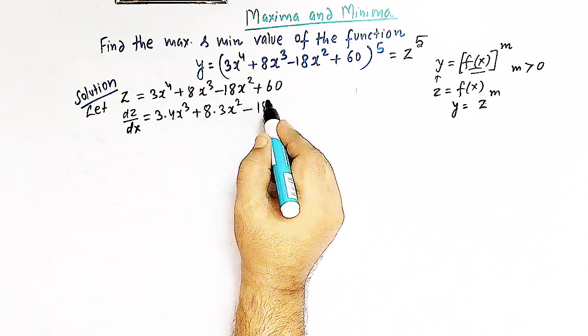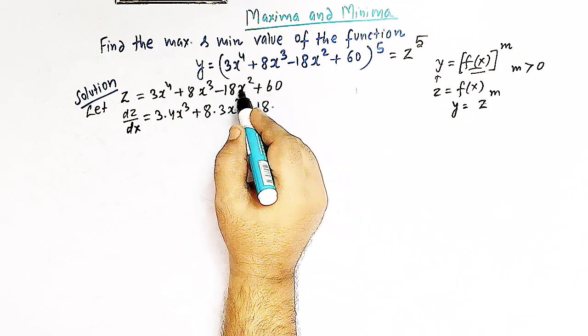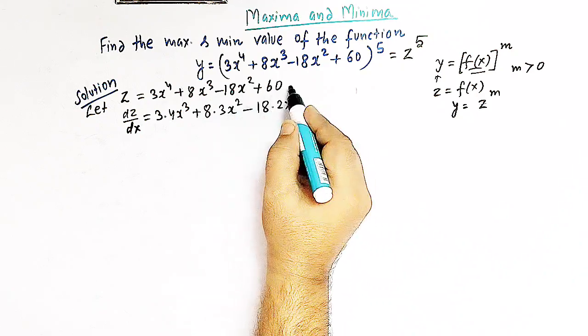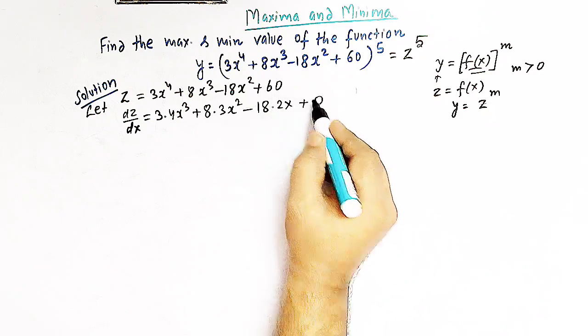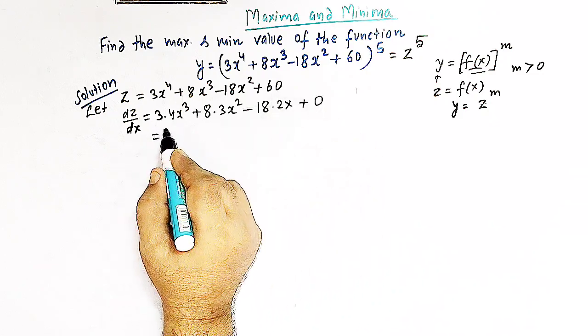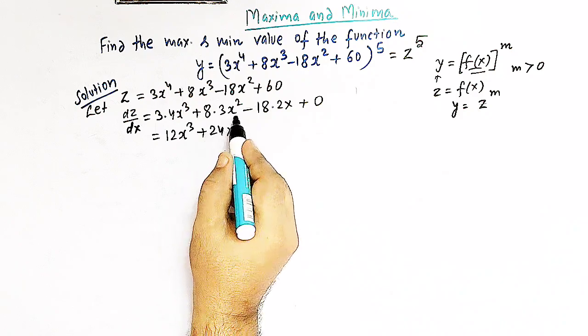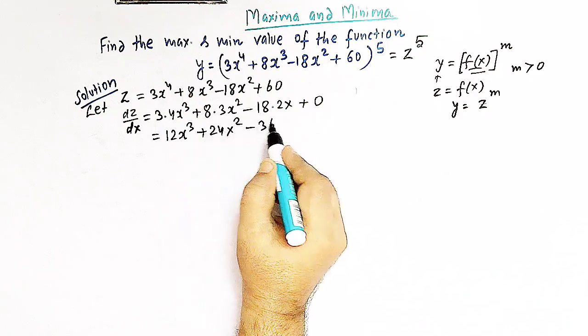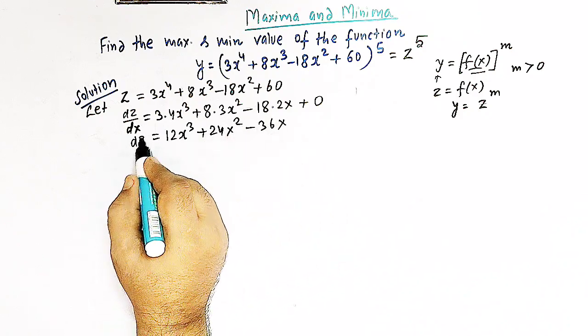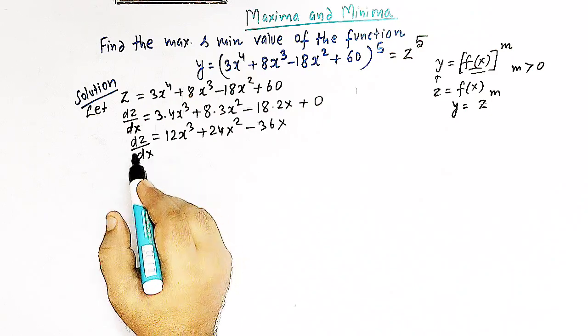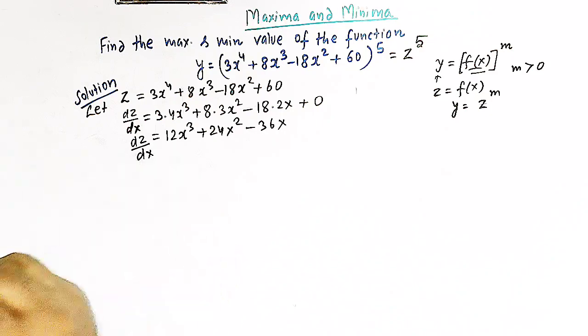And here we have minus 18 times the derivative of x^2, which is 2x, and the derivative of 60 is 0. So we have 12x^3 + 24x^2 - 36x. This is our first derivative of z with respect to x.